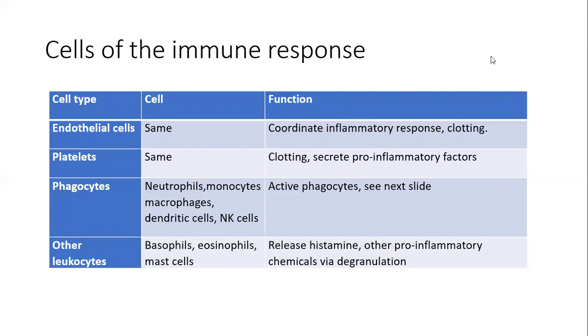Platelets, of course, play a big role in the clotting process and they also secrete chemical messengers which play a role in inflammation. And then there's other leukocytes that participate, basophils, eosinophils, and mast cells, and they play a role in releasing other chemical messengers, including histamine and other pro-inflammatory chemicals.